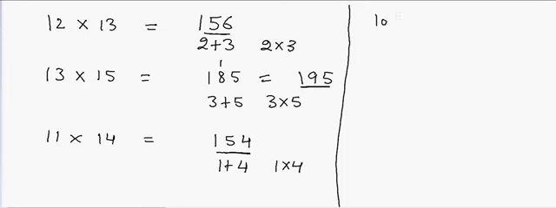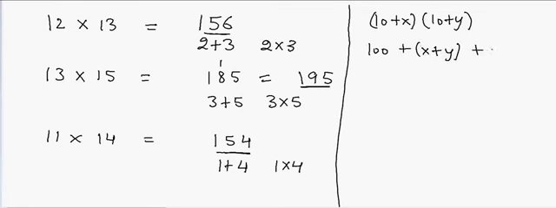So how this trick works, let's take a look into it. If we have 10 plus x and then 10 plus y, so we are taking 10 as a base and these numbers are close to 10. So in that case, if we solve this, it will be equal to 100 plus 10 times x plus y, and then we have xy.